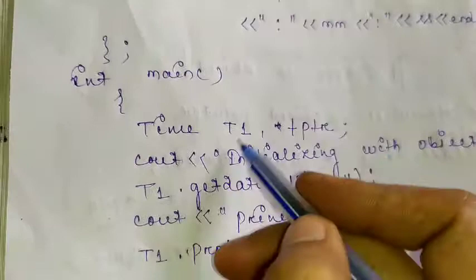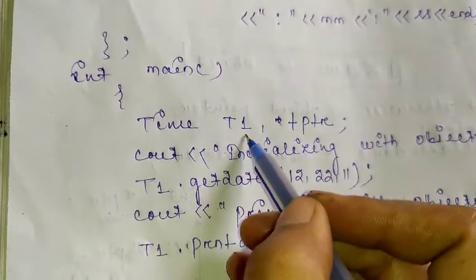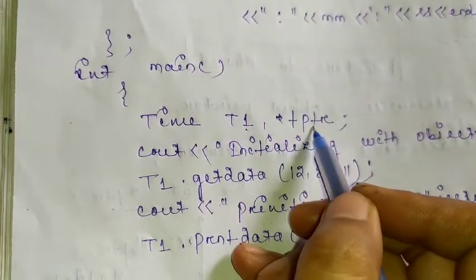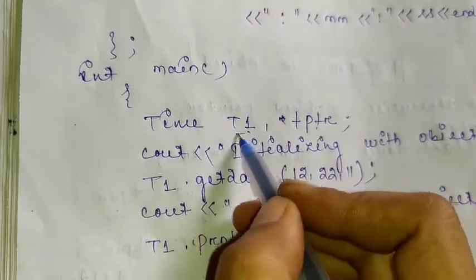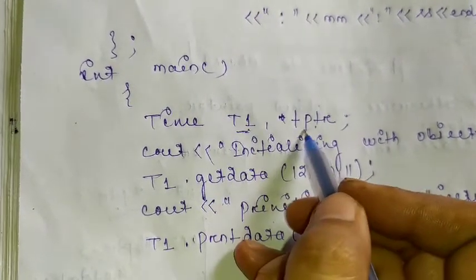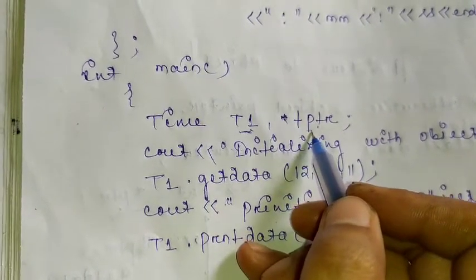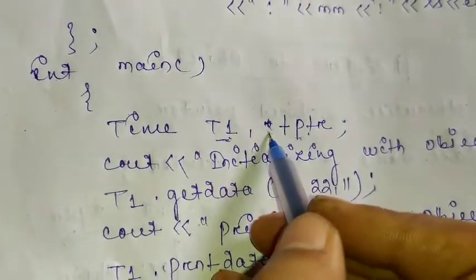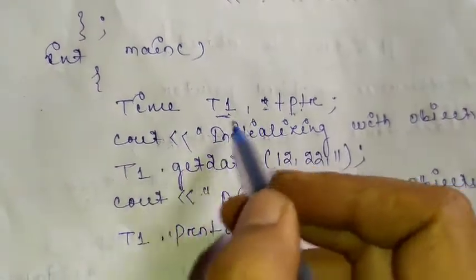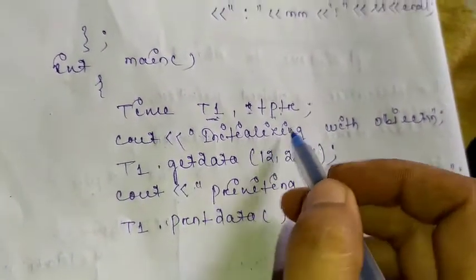Here we are creating two objects, t1 and t pointer. t1 is a simple object, and the other is also an object, but it is an object pointer, a pointer type object. Let's initialize the objects.